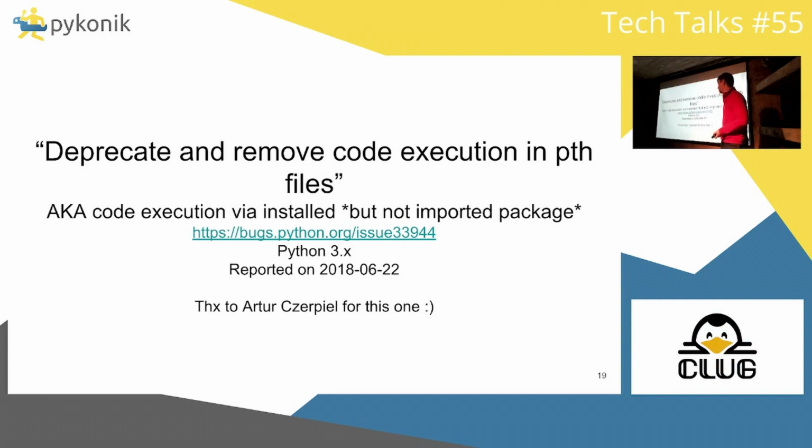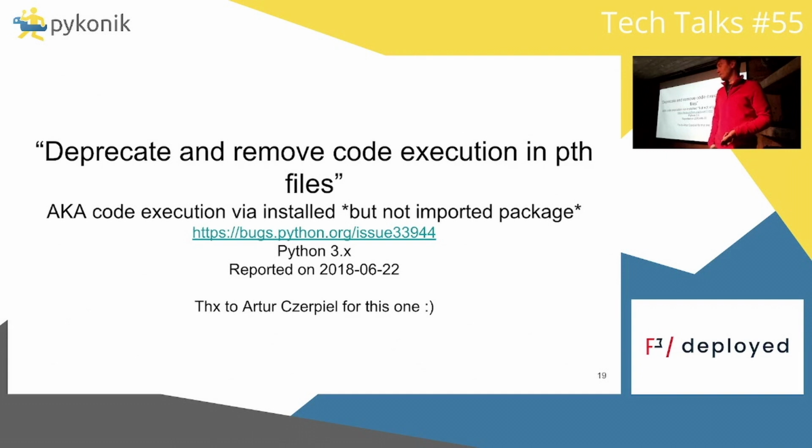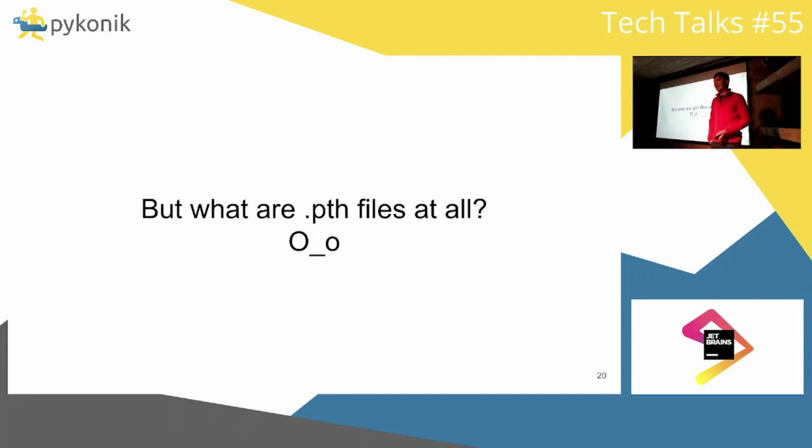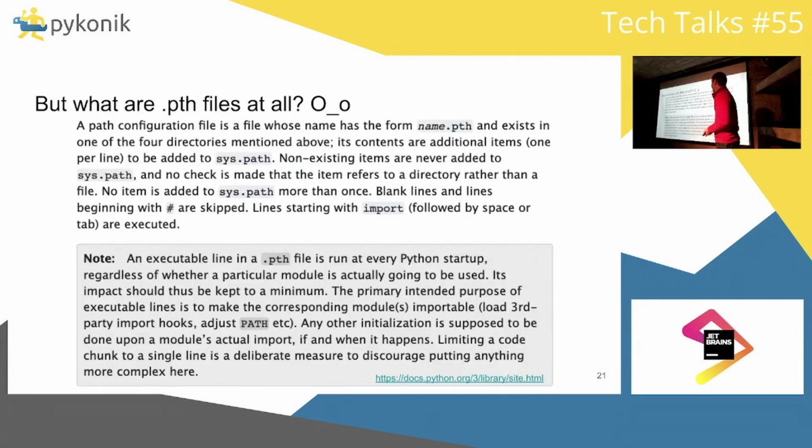It's only for Python 3, and it's reported from like 2019. And by the way, thanks to Arthur, who is not here, for telling me about this. So does anyone know what the PTH files are? Yeah, probably maybe one person who heard that from Arthur already.